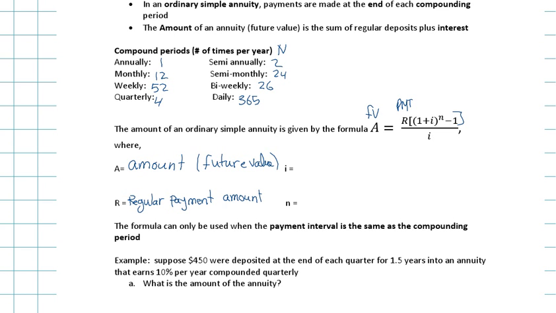So remember that's your rate, but you change it to decimal, divided by your compounding period, and that would be your interest rate. And n is the number of compounding periods. How can I find n? The number of years times big N. That's right.